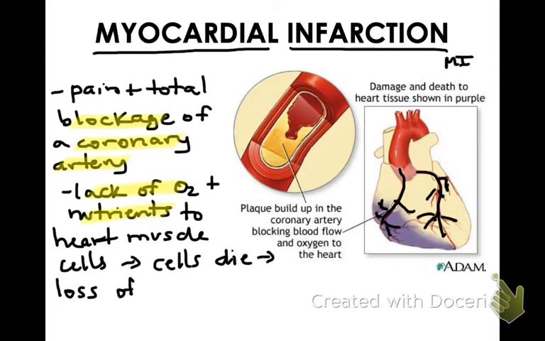Remember, those heart muscle cells, their sole job is to contract. So you get a loss of contraction in that portion of heart muscle. Basically, your heart isn't beating as well. It's not pushing the blood out as well. And so the rest of your body is going to be affected because it's not going to be getting any oxygen or nutrients either.